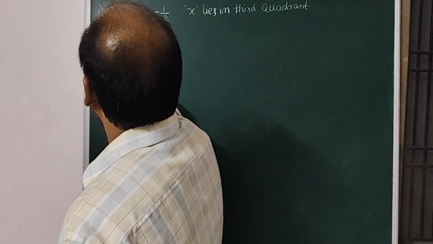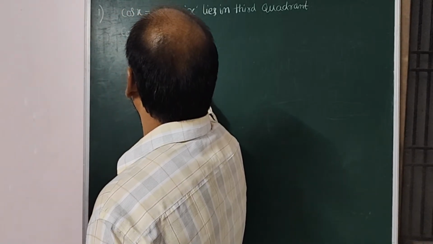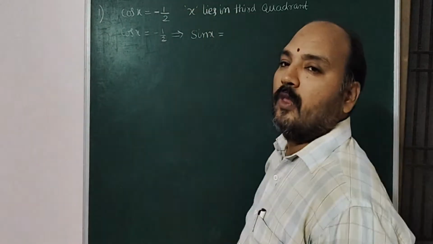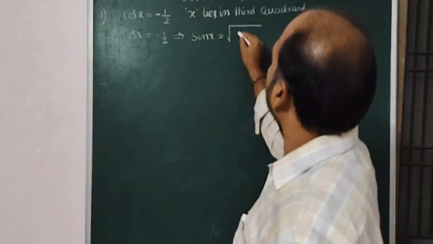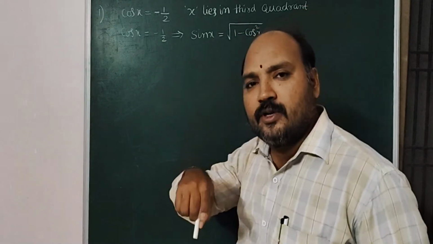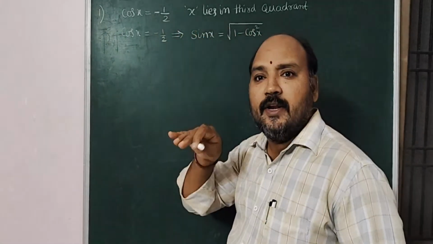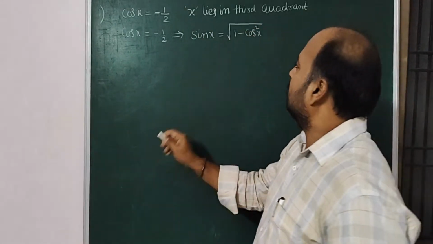So cos x is equal to minus 1 by 2. That implies sin x equals root over 1 minus cos square x. Not only identities, dear students, but we can also find some questions with the right angle triangle concept.